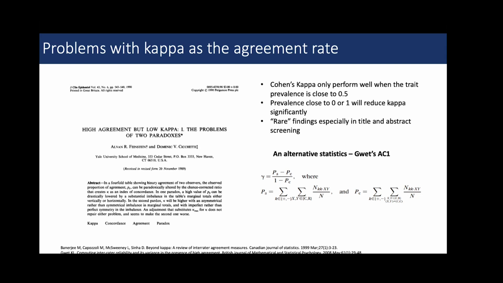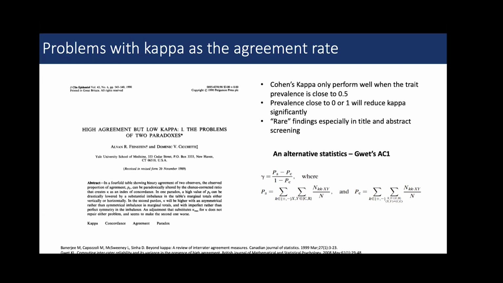If the prevalence is either close to 0 or close to 1, it will reduce kappa significantly, which applies quite commonly to the title and abstract stage of systematic reviews, where we have a rare finding. For example, for my review, of 10,000 papers, probably only 5% will be included in the full text review, which is a significantly low prevalence.